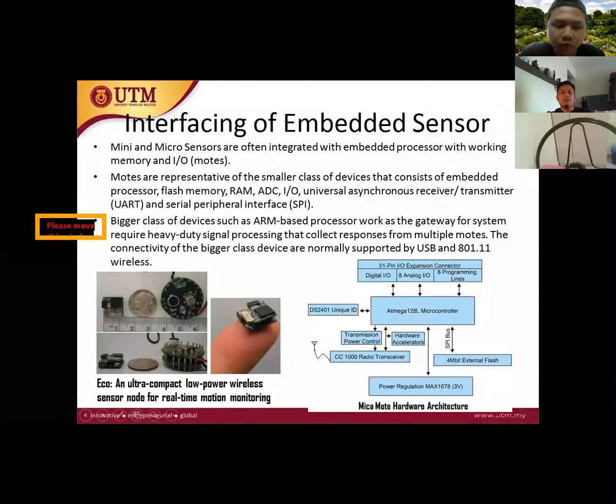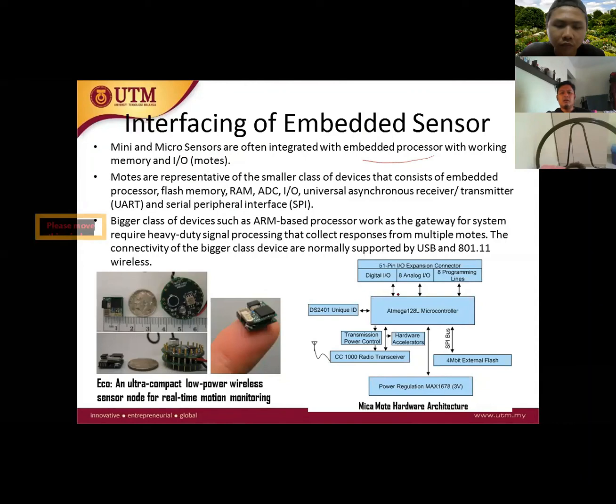I think you can read this by yourself. This is an example of the interface of an embedded sensor. Any embedded sensor must at least have a processor.